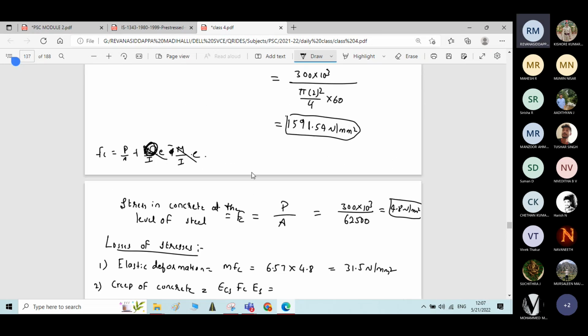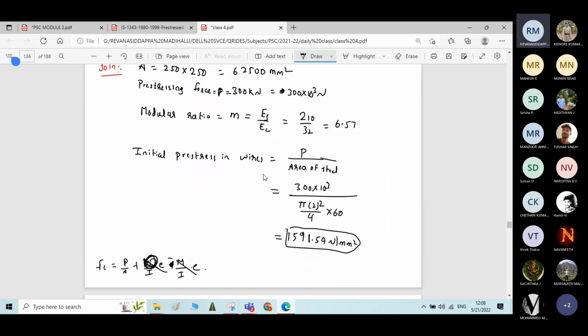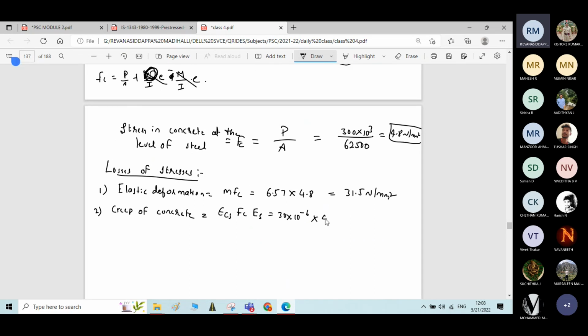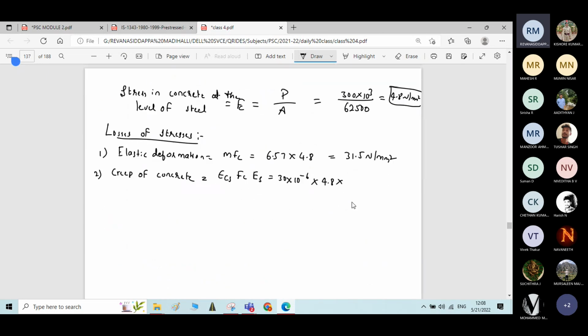This epsilon CS is given here, shortening due to creep, 30 into 10 power minus 6, into FC which is 4.8, into Young's modulus of steel, 210 into 10 power 3 Newton per mm square. So we get the loss due to creep as 30.24 Newton per mm square.